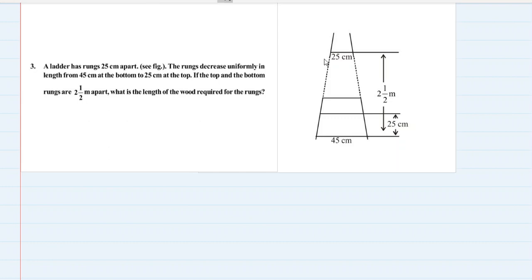When they talk about the length of the rung, it is this length. This is 45 centimeters long and this is 25 centimeters long. The distance between each consecutive rung, I'm sorry, I said lung, is 25 centimeters.